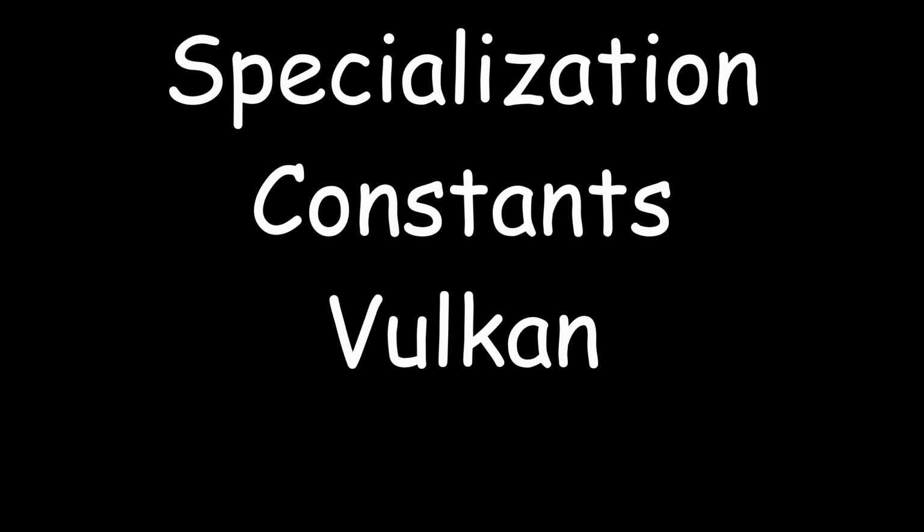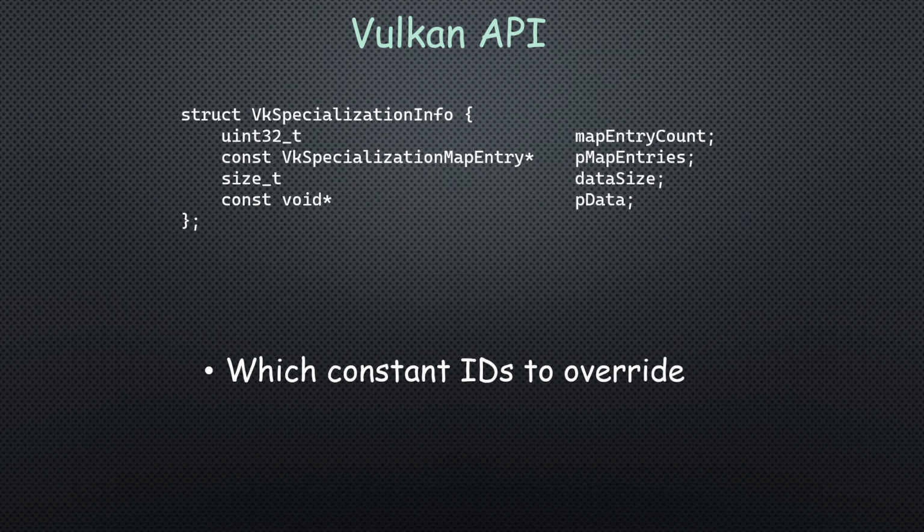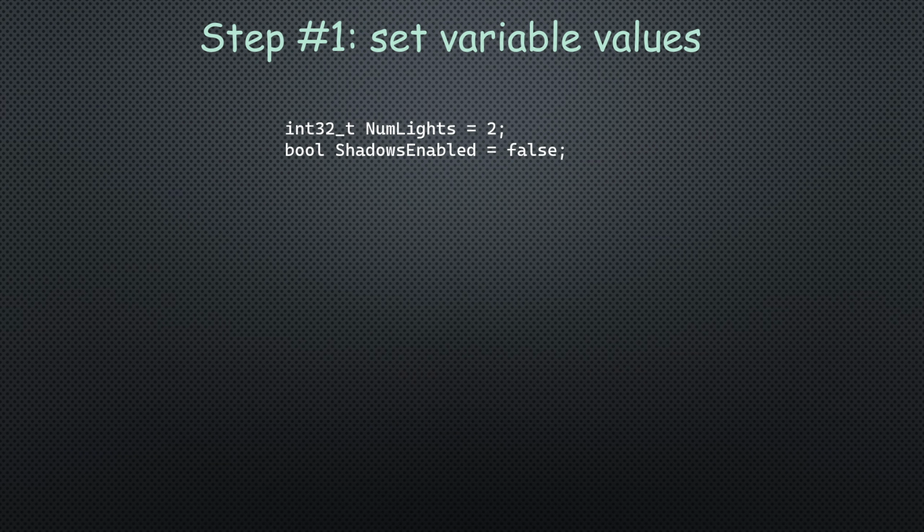Now let's switch to the application code. The Vulkan API gives us a small structure, VkSpecializationInfo, that tells the driver which constant IDs we want to override and what values to use. We'll build this up step by step. First, we define the actual values we want to specialize the shader with.